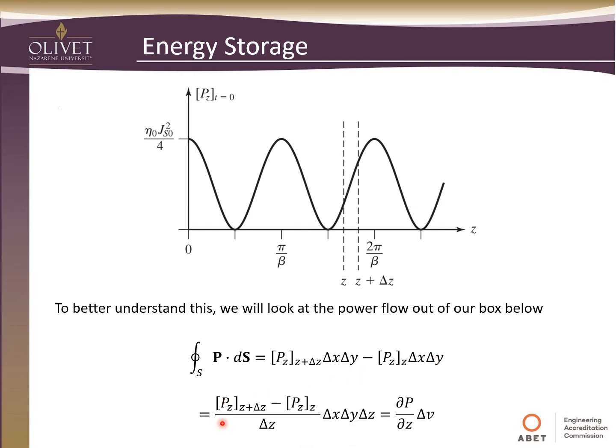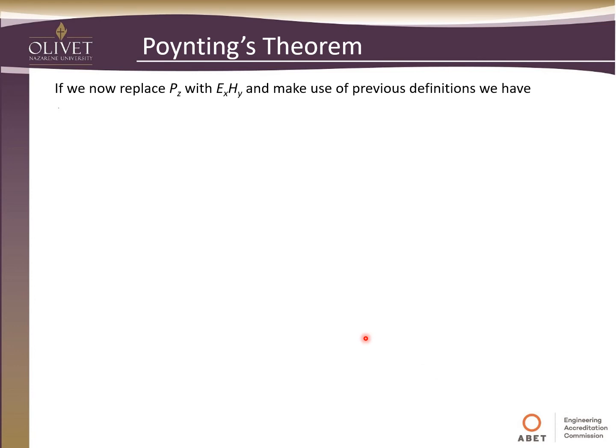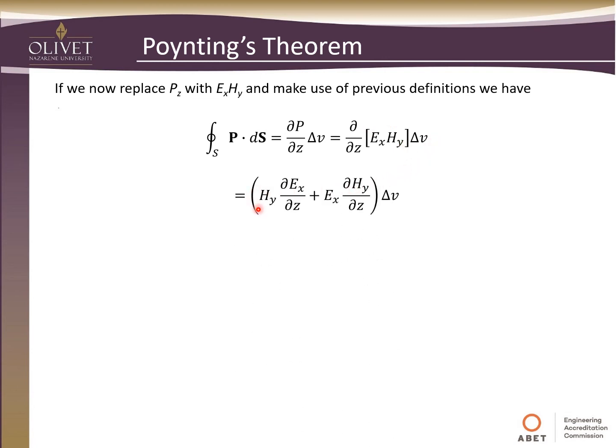When we take that and do some rearranging of the variables, we can see that it's just the partial derivative of P with respect to z times delta V. If we now replace this Poynting vector with the product of our electric and magnetic fields, and use some previous definitions, this can be rearranged and expressed as the partial derivative with respect to position of our electric and magnetic fields, times delta V.